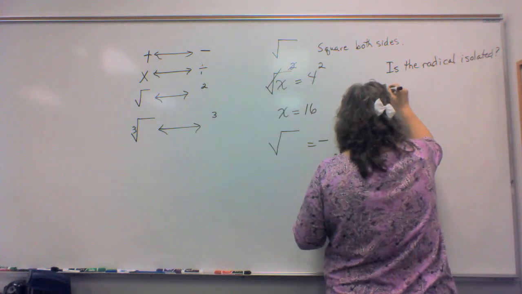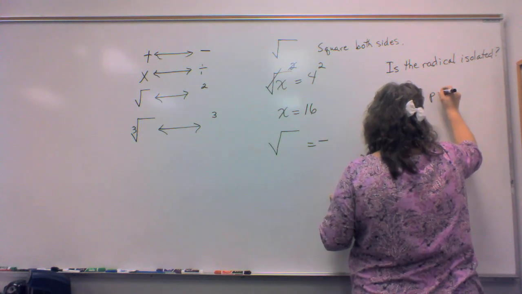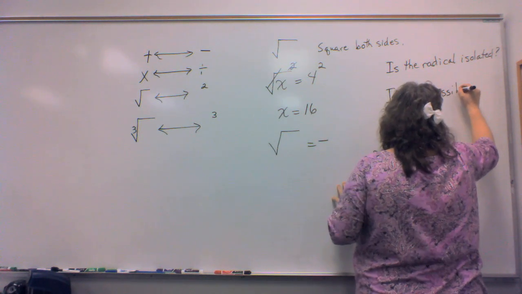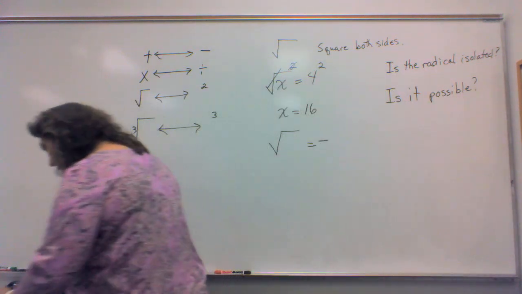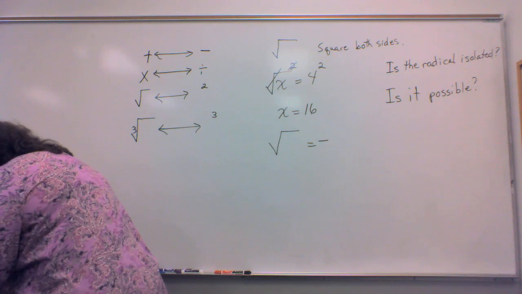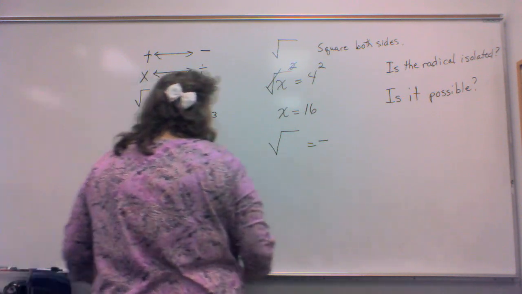And then the second question you'll ask yourself is: is it possible? If you remember these questions, it will help you to avoid a lot of mistakes. And is it possible in the real numbers?